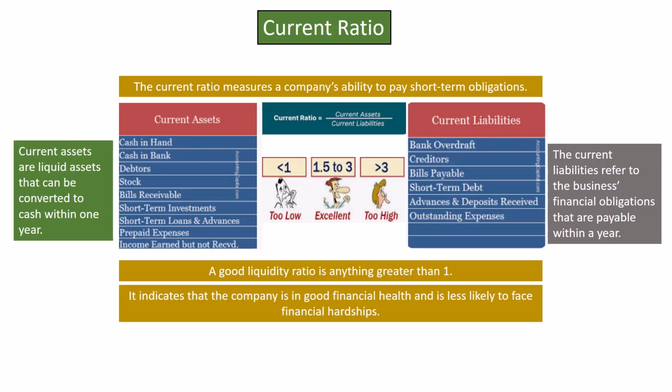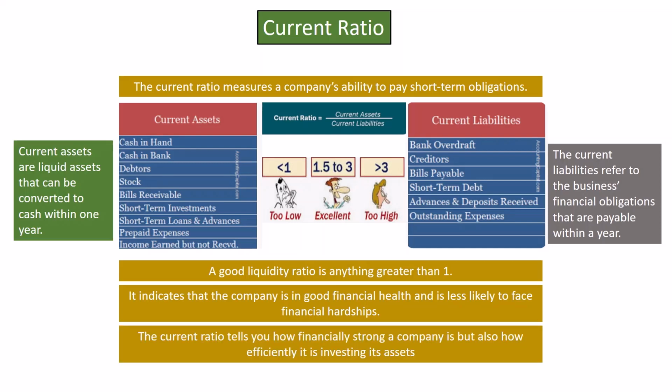So if the current ratio is more than some value, then we may consider the management efficiency is not as good as other companies. So the company management should find some ways to invest the extra assets to get more earnings, and that can be shared with the shareholders. So the current ratio tells you how financially strong a company is, but also how efficiently it is investing its assets.